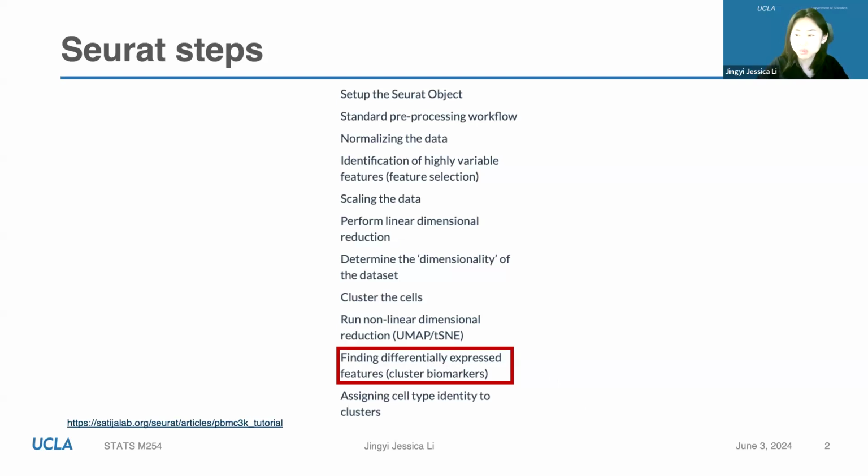So basically, we talk about several major statistical concepts used in bioinformatics in the context of Seurat. And I want to emphasize once again that many methods are not just for single cell. They can be used in many settings, such as normalization, linear dimension reduction, clustering, nonlinear dimension reduction, and differential expression analysis.